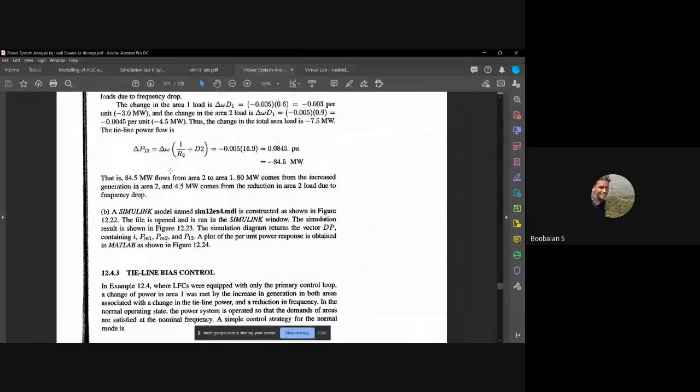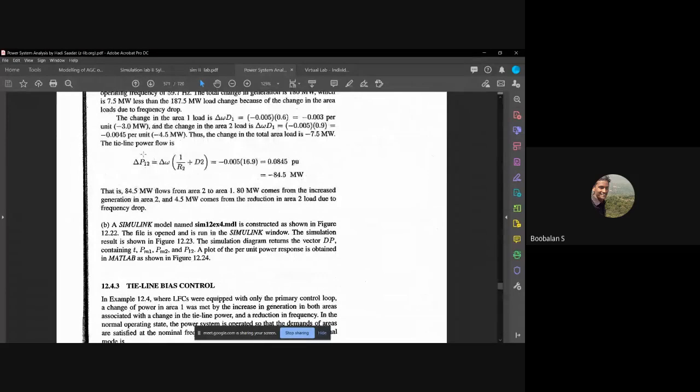This is the load power, which changes with the change in frequency, multiplied by 1 by R2 plus D2. This load change depends on my D2 and R2. We'll see while connecting in Simulink how del PT is going to be calculated.